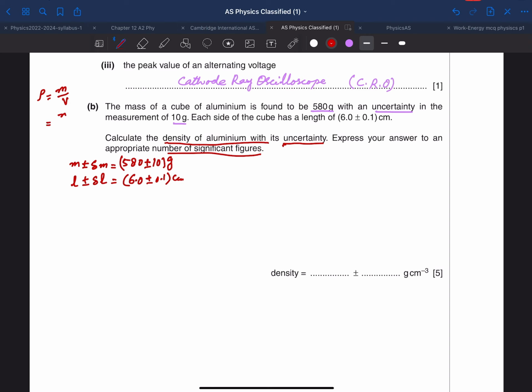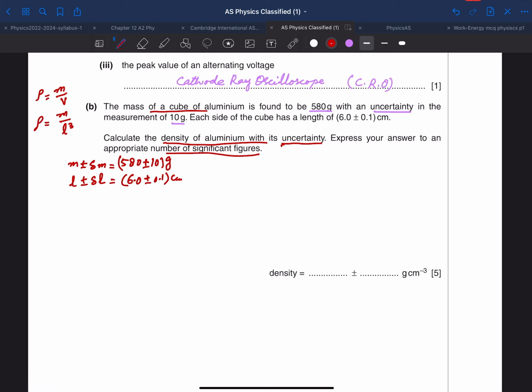So we can say that the volume is nothing but L cube, because it is a cube. All the sides are of the same length, and the length is given. So we can write the formula of the density as m divided by L cube.